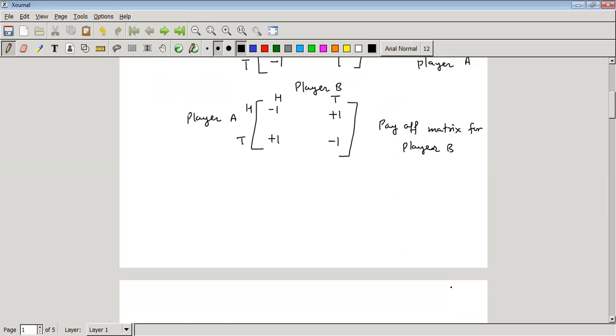So now what is the objective? Now what is the objective function? Player A will try to maximize his or her profit.